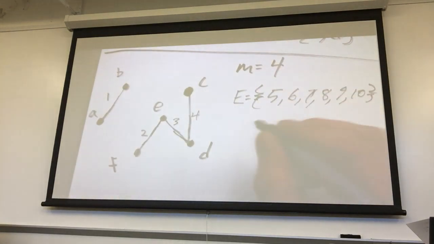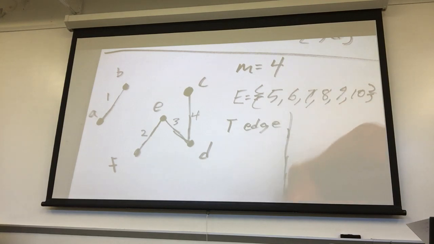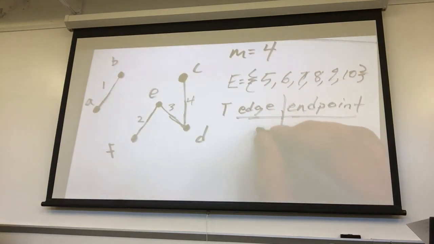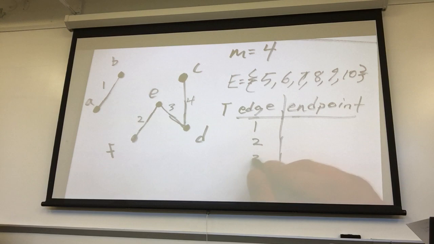And T, with our edge to endpoint function, okay, that would be 1, 2, 3, and 4.